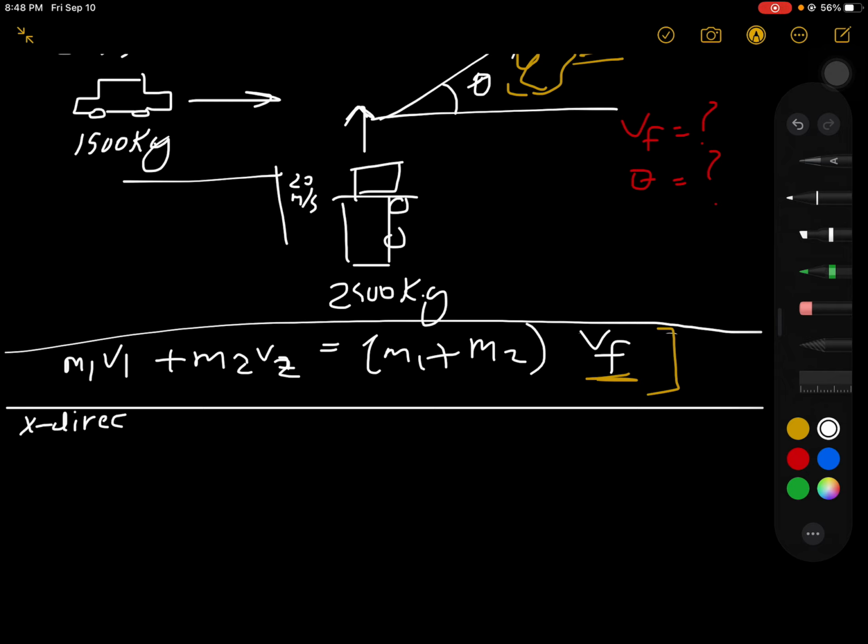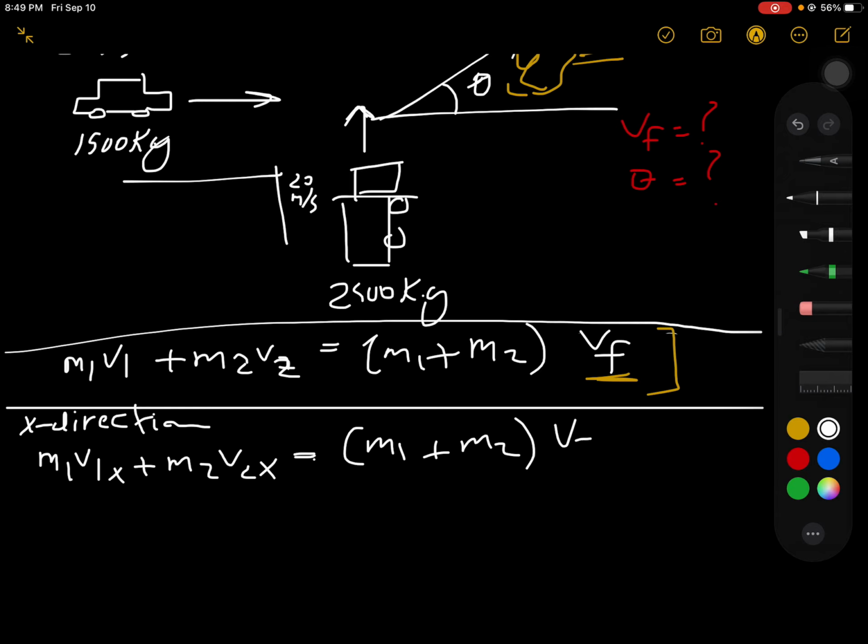So momentum in x direction: m1 v1x plus m2 v2x equals m1 plus m2 times vfx. m1 is 1500 kilogram, v1 equals 25, times 25, plus m2 equals 2500 kilogram, but as you see v2 actually acts on the y axis only.